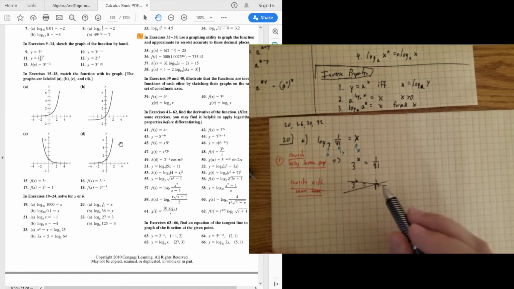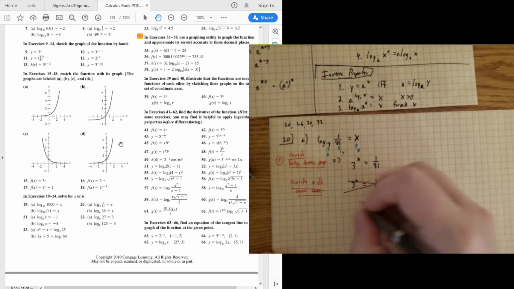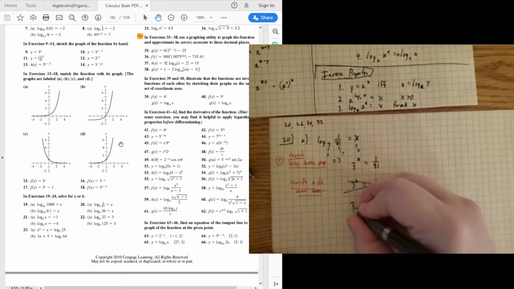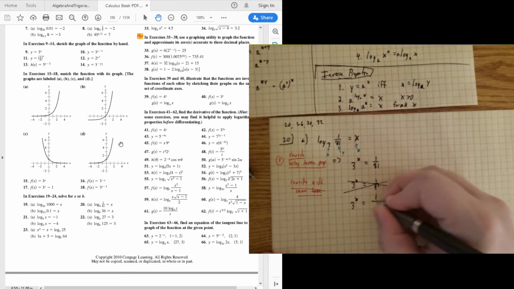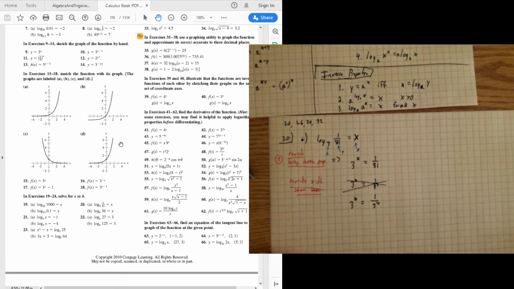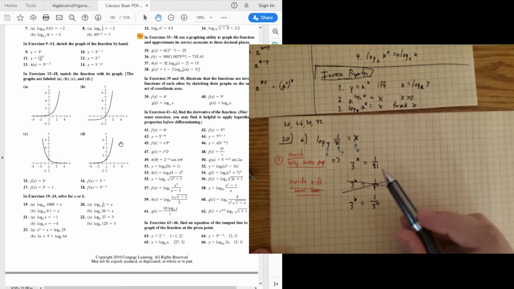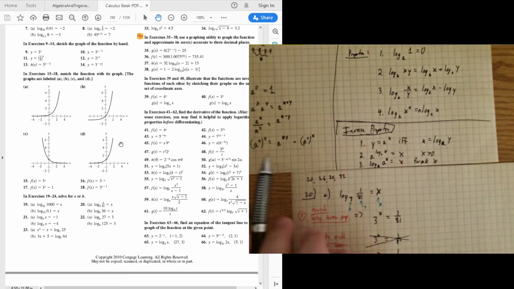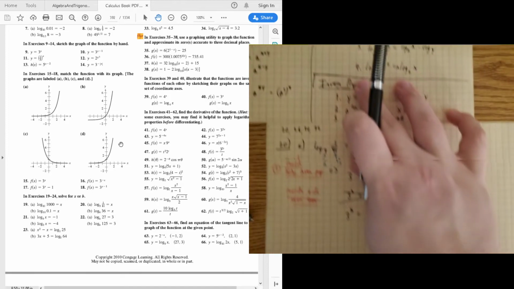This has a base of 3, this is a base of 9, those are not the same. And so what I will do instead is I will write 3 to the x is equal to 1 over 3 to the 4th power. Because 3 to the 4th power is 81. If 9 squared is 81, then 3 to the 4th is 81. You can use the properties like this one to show that's always true.